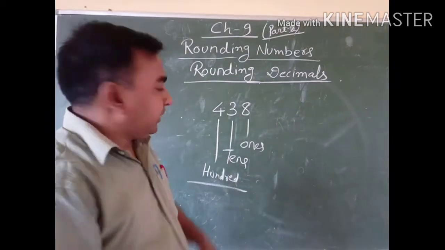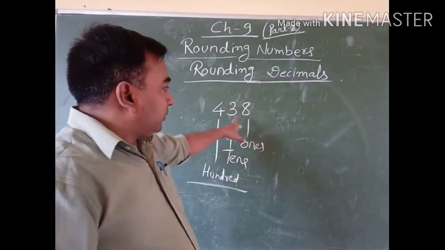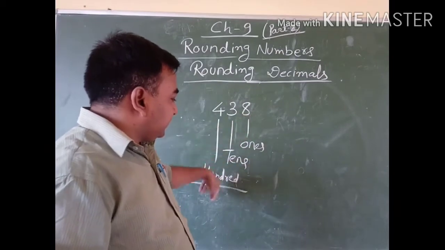So you can see that in this whole number 438 we start from ones, tens, hundreds.